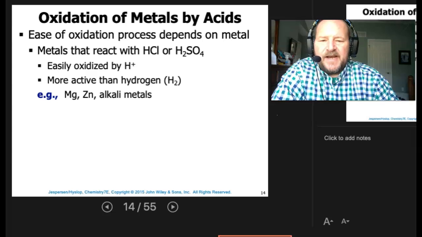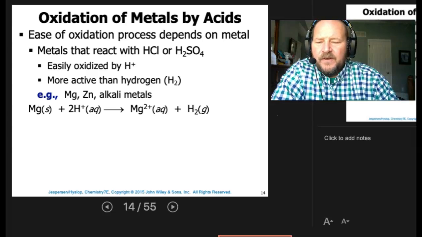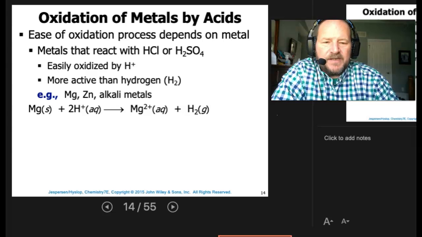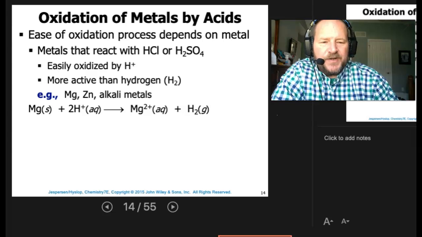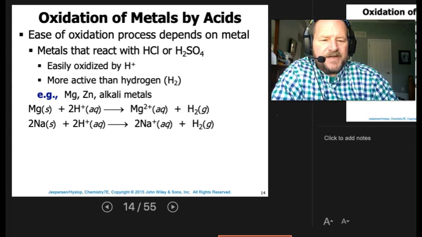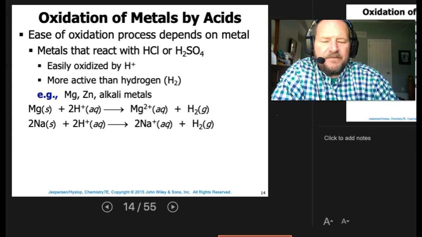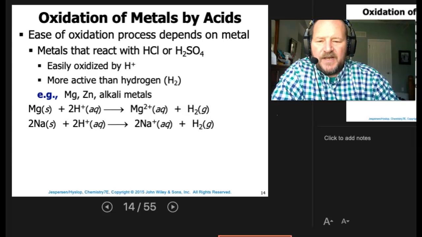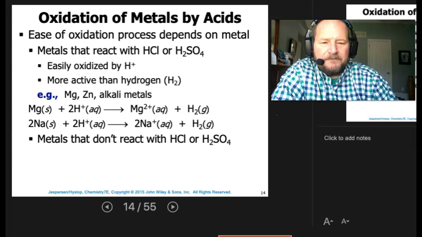So magnesium, zinc, and alkali metals will all react with acid. So we'll have magnesium plus 2H+ goes to Mg2+ plus H2, and that's the reaction we actually witnessed in lab. We have 2 sodium plus 2H+ goes to 2 sodium ion plus H2 gas. You can see it's repetitive here. The metal is going to react with the H+. It's going to produce hydrogen gas and give us the metal ion.